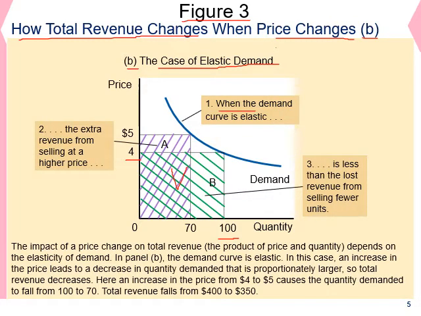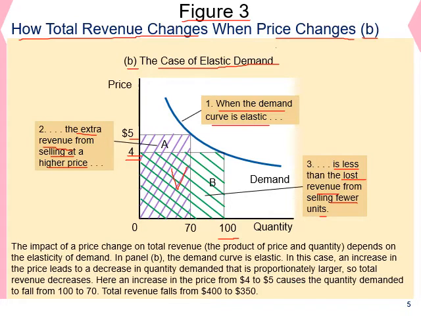So when the demand curve is elastic and the price increases from $4 to $5, the extra revenue from selling at higher prices is less than the lost revenue from selling fewer units.